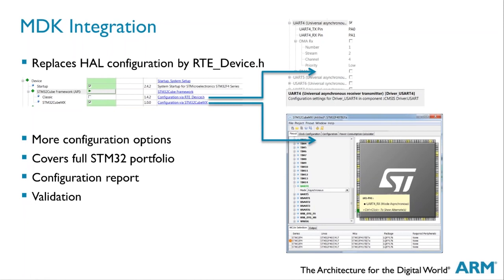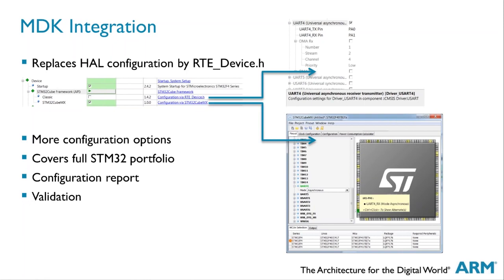The RTE device typically only covered peripherals that were necessary for middleware, like Ethernet and UARTs, but it typically didn't cover timers or ADC and so on. So if you choose the STM32CubeMX way, you'll have access to everything which is available on your device.